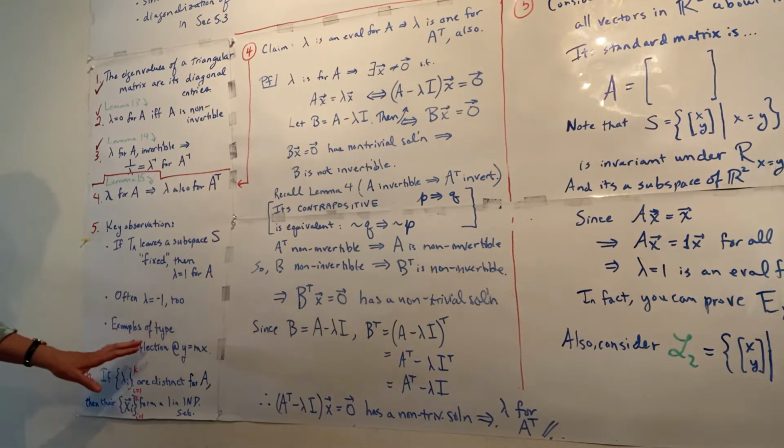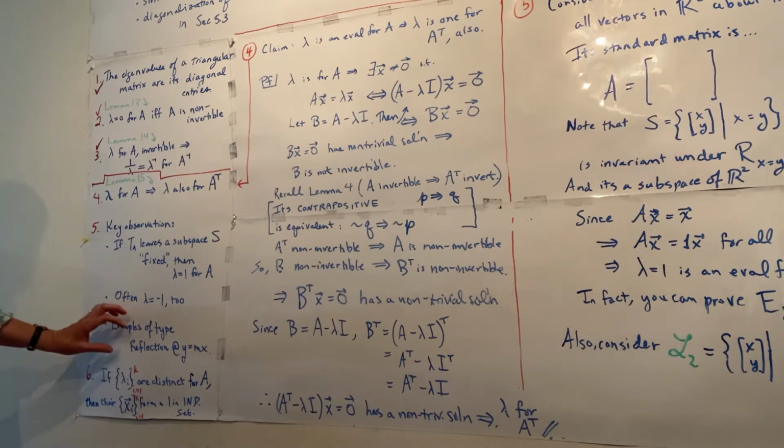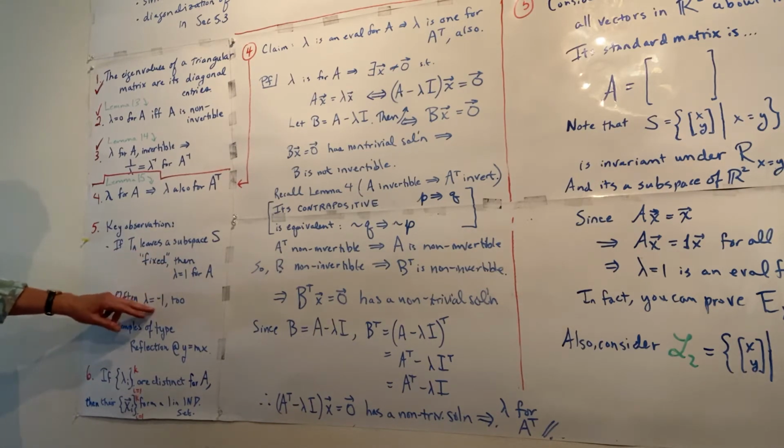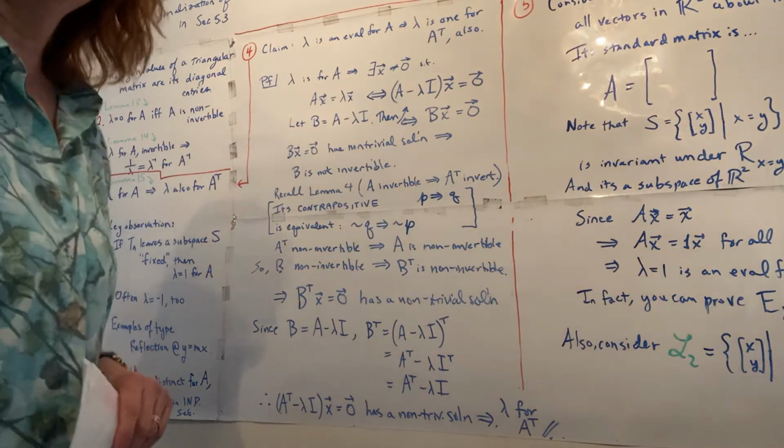Examples of the type where the linear transformation is reflecting the plane R2 about the line y equal to mx, which goes through the origin, have eigenvalues like lambda equal to 1 and lambda equal to -1. So let's look at an example over here.